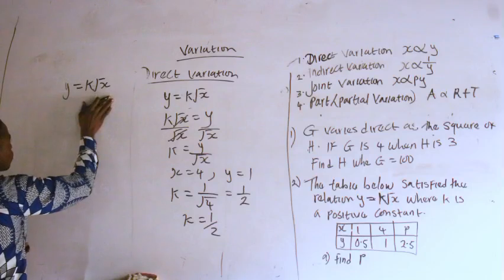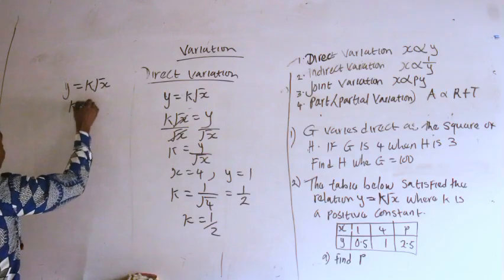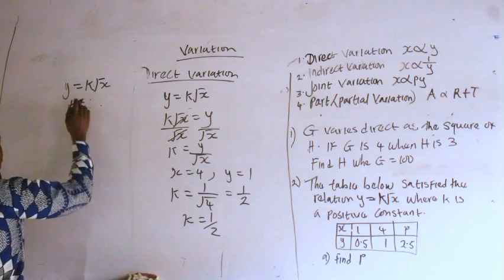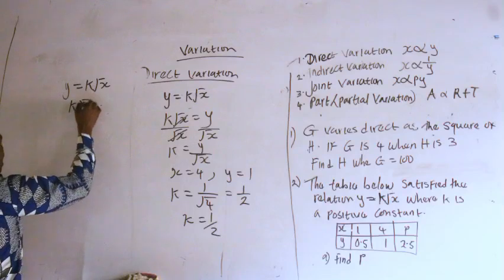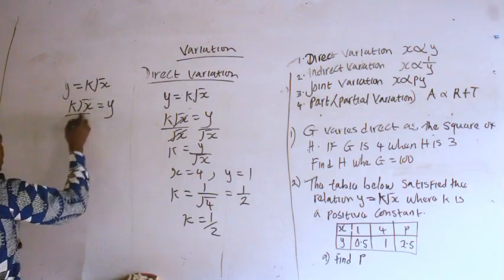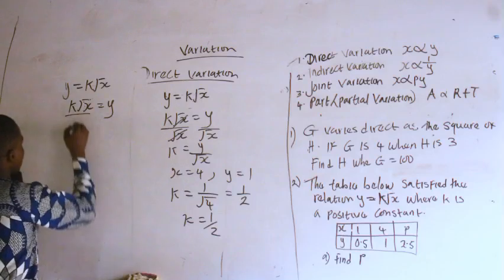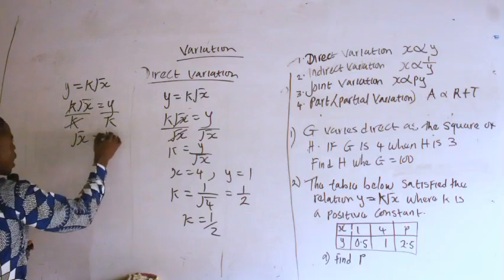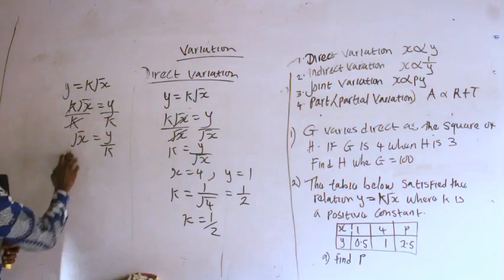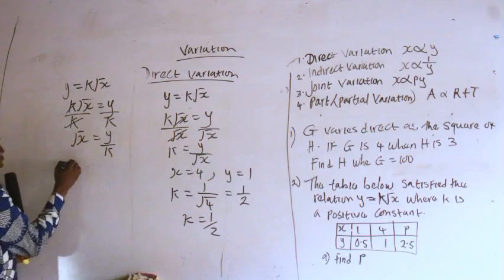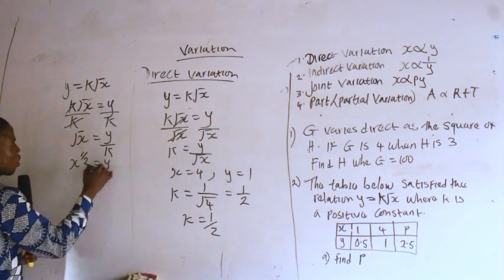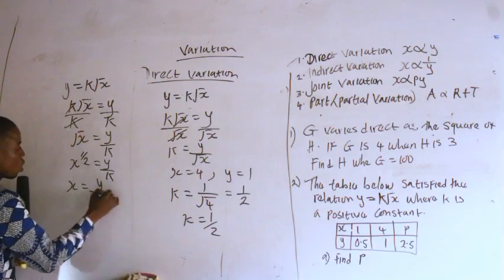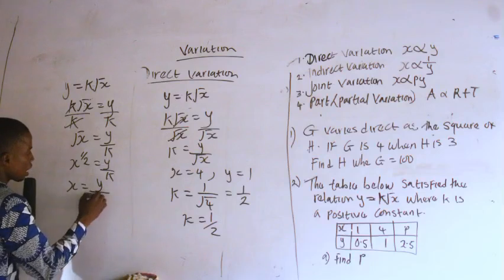I want to make x the subject of the formula. k root x equals y. Divide both sides by k, k cancels. Root x equals y all over k. Now, the root will come to this side. It will now be x to the power 1 over 2 equals y all over k. They are still the same thing. Now, it will now be x equals y all over k, bracket, squared.